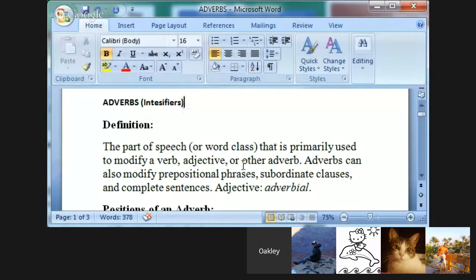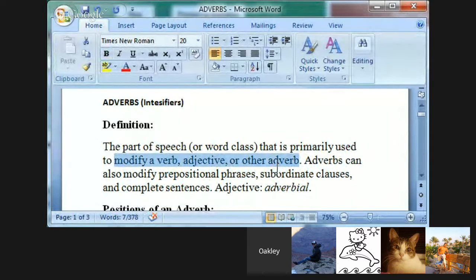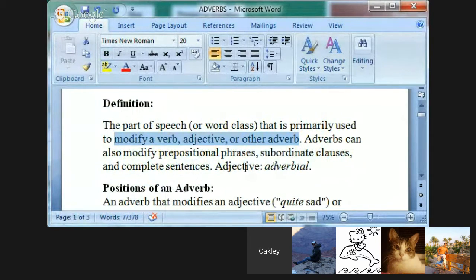Adverbs are primarily used to modify a verb, an adjective, or another adverb. They can also be used in tricky ways to modify a prepositional phrase, an adjective clause, a subordinate clause, complete sentences. The adjective form of adverb is adverbial.